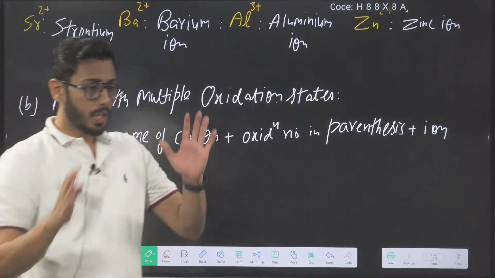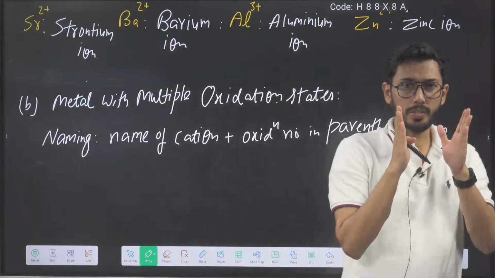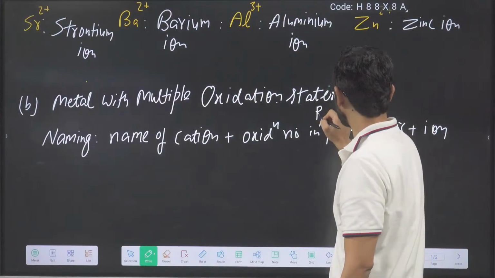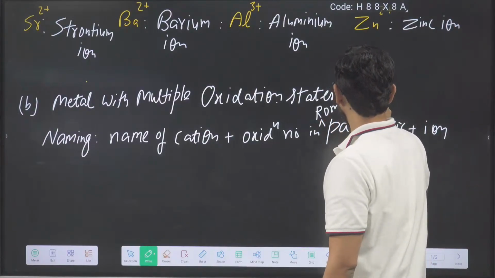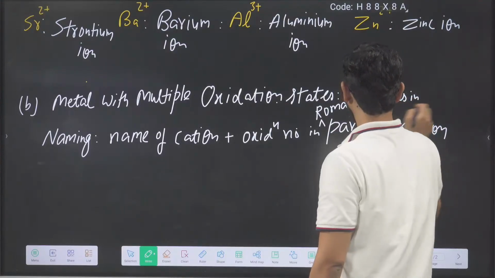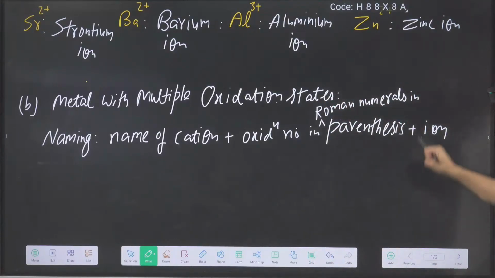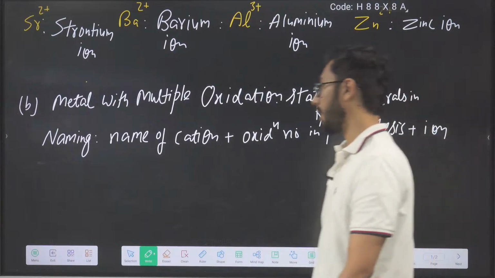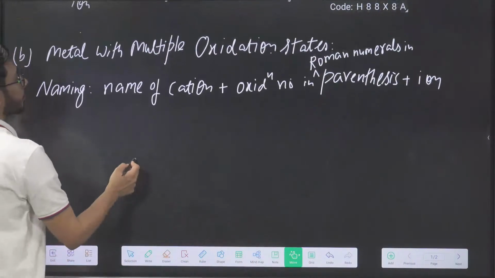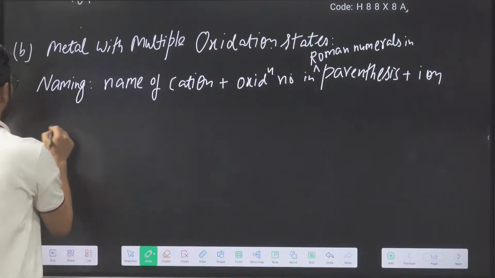Name of the cation, then mention its oxidation number in Roman numerals in parentheses or small brackets, plus at the end what to add? Ion. Okay?